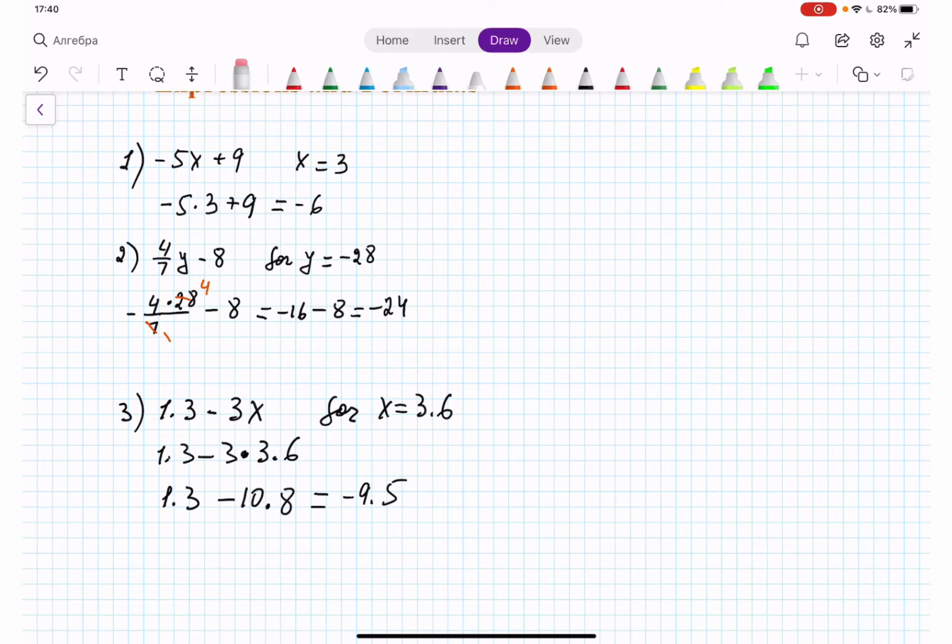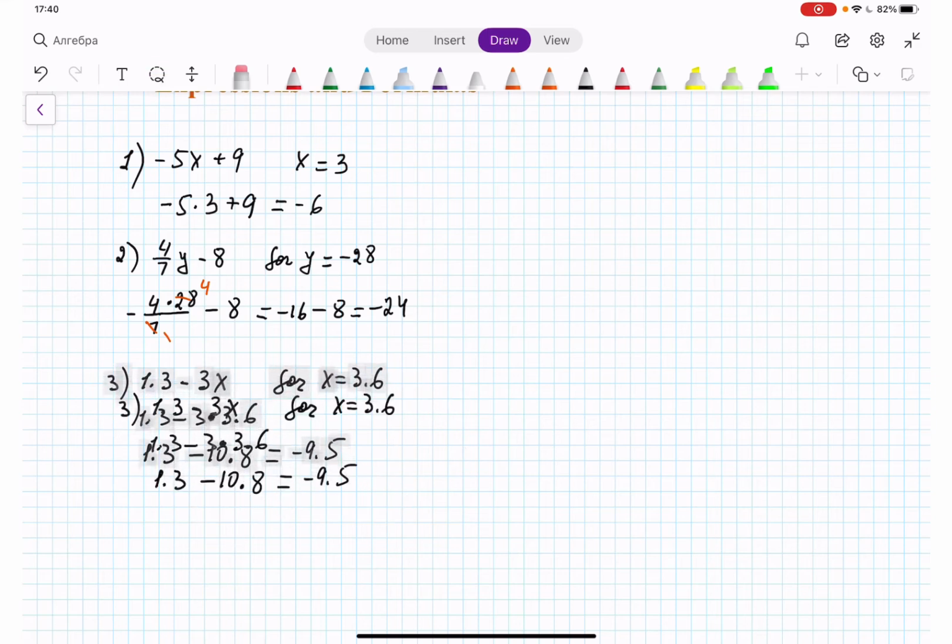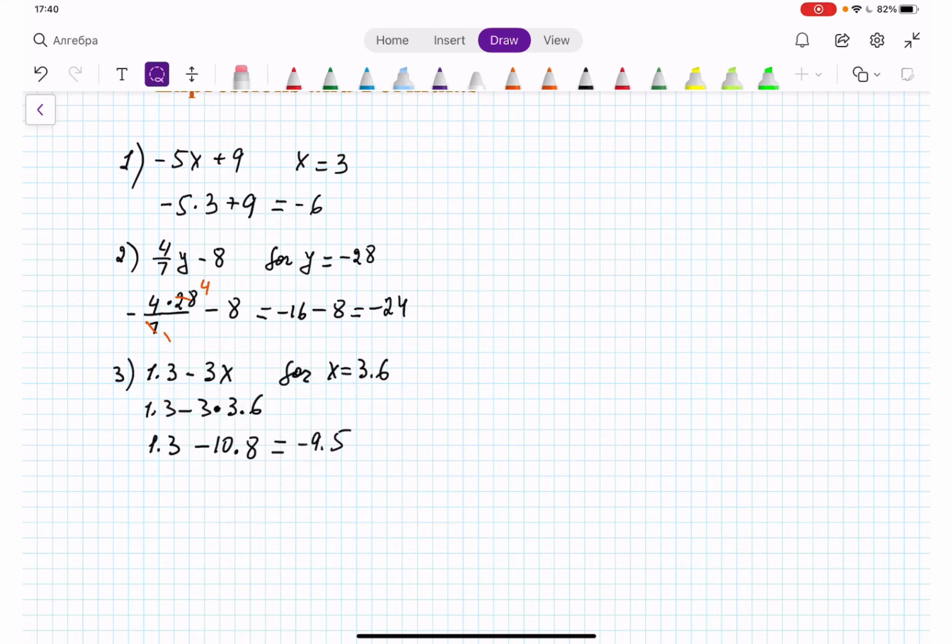Okay, moving to next question. Number 4. So evaluate x squared minus 2x for x is equal negative 3.